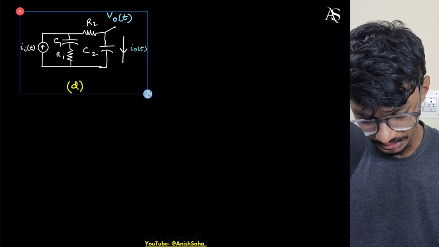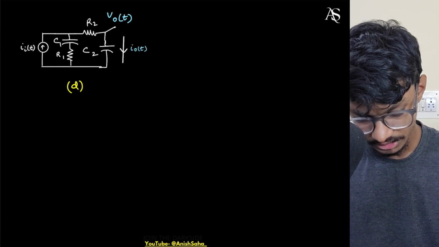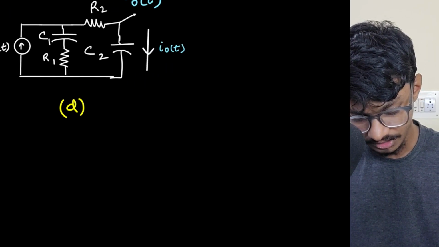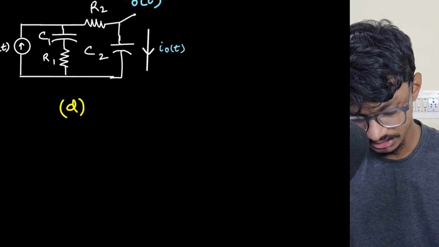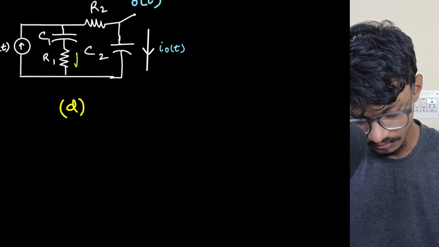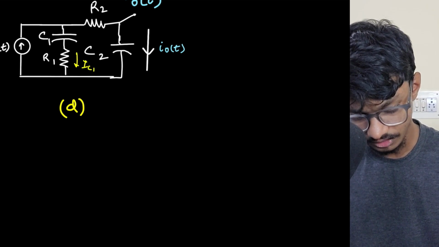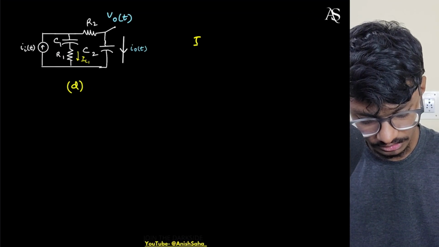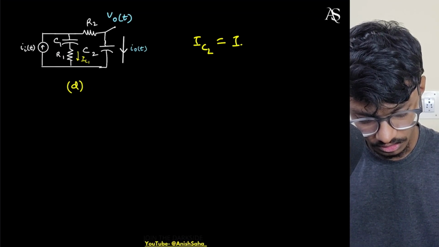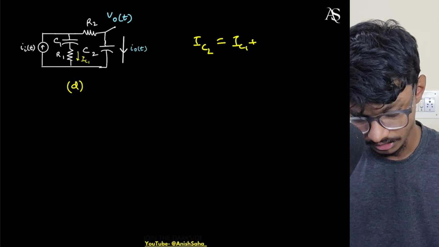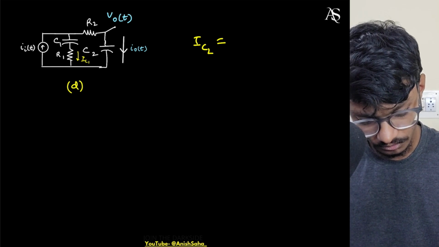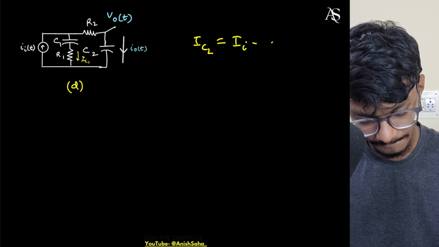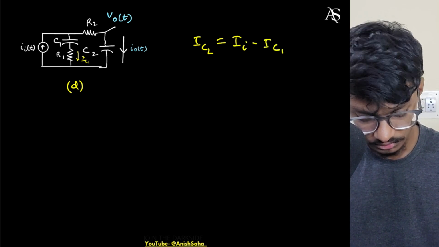If I again try to understand this, I will provide some current IC1 through capacitor C1. Then I can write my other current IC2 equals II minus IC1.